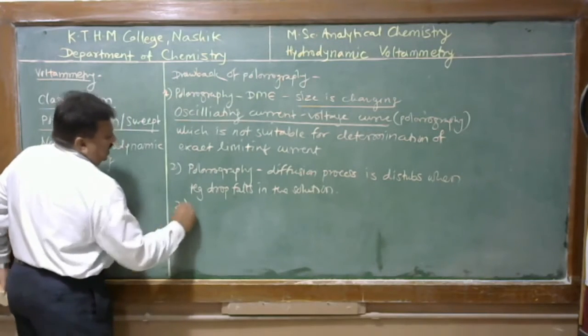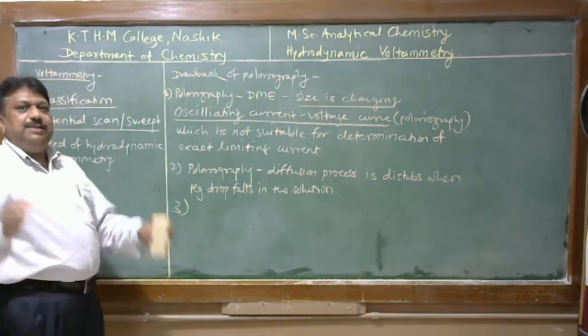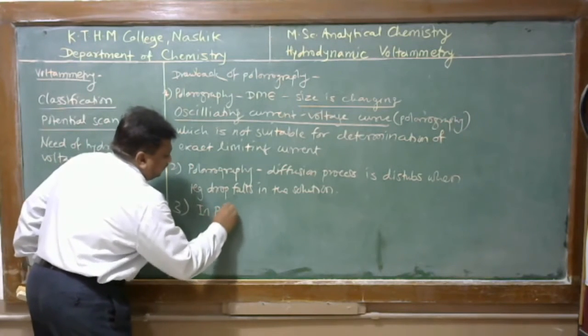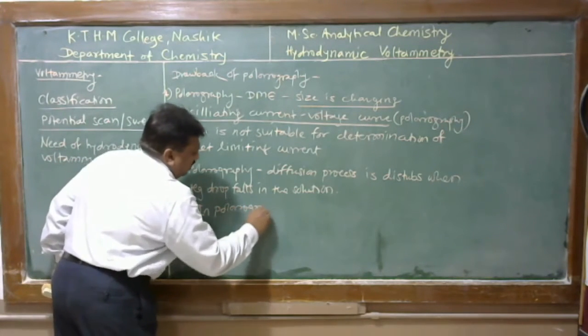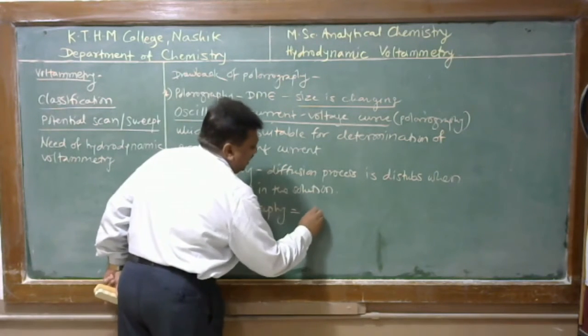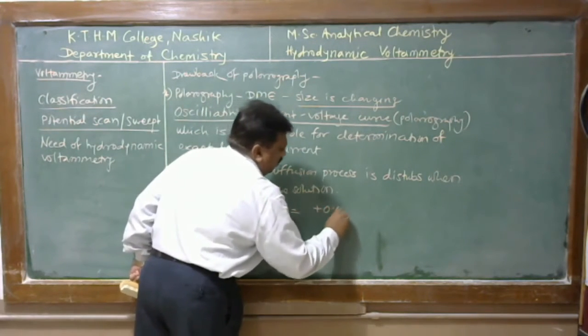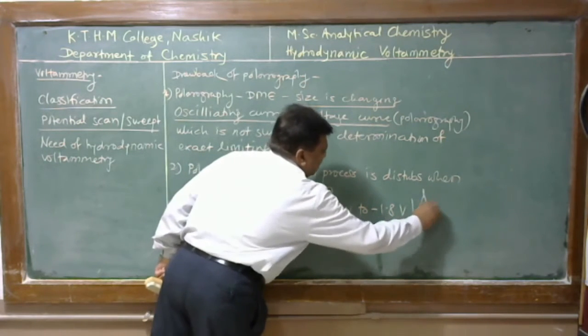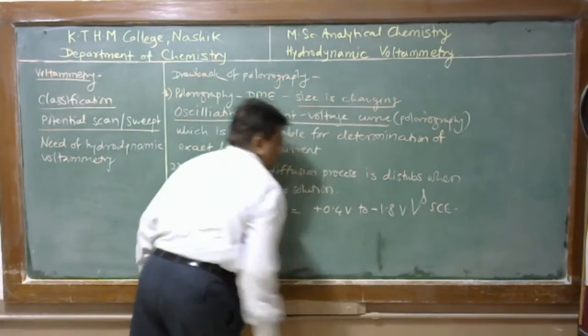Next, in polarography, we have a limited range of potential. Analysis is carried out only within this potential range, plus 0.4 volt to minus 1.8 volt versus saturated calomel electrode.